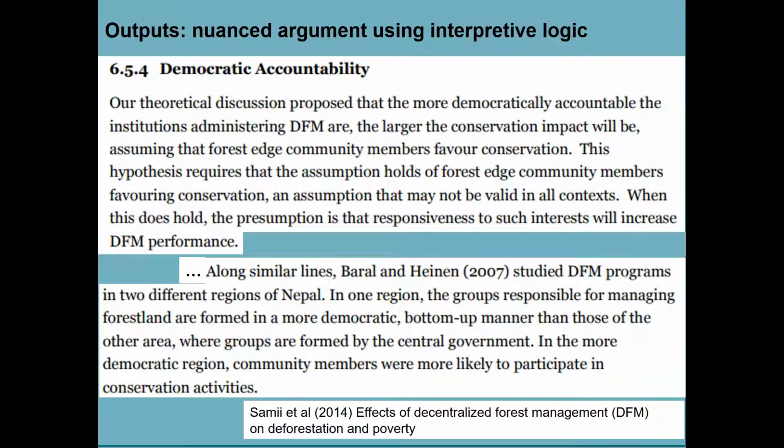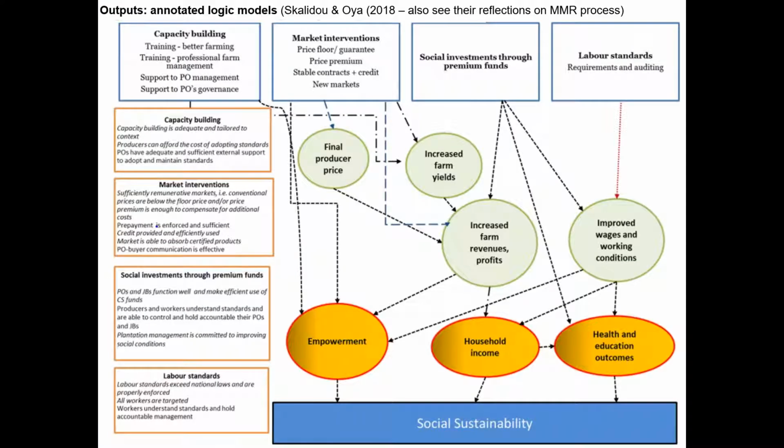But it's quite carefully nuanced with cautious language. Again, it's hypotheses that are being derived. So that kind of skill in a research team, again, might need to be sought, people that are happy writing quite theoretically.